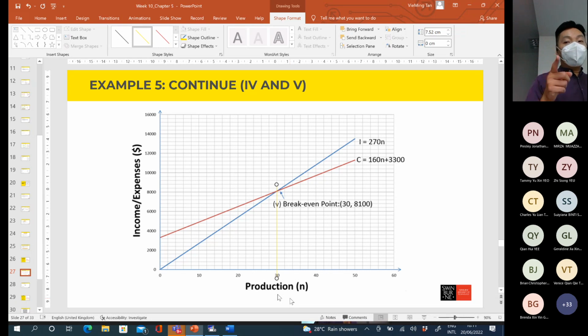In order to achieve break-even, this company must be able to produce and sell these 30 units of production. 30 is the minimum level of units that have to be sold in order to achieve break-even.